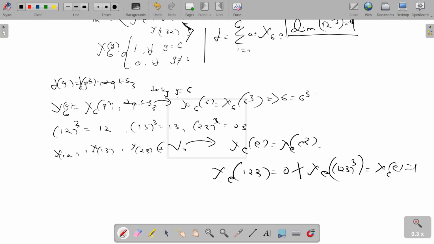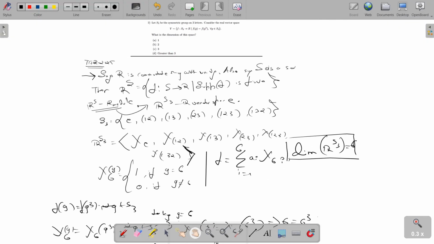So both are not equal, so identity won't be there. So these three will belong to the subspace V, so the dimension of V will be 3 or greater than 3.